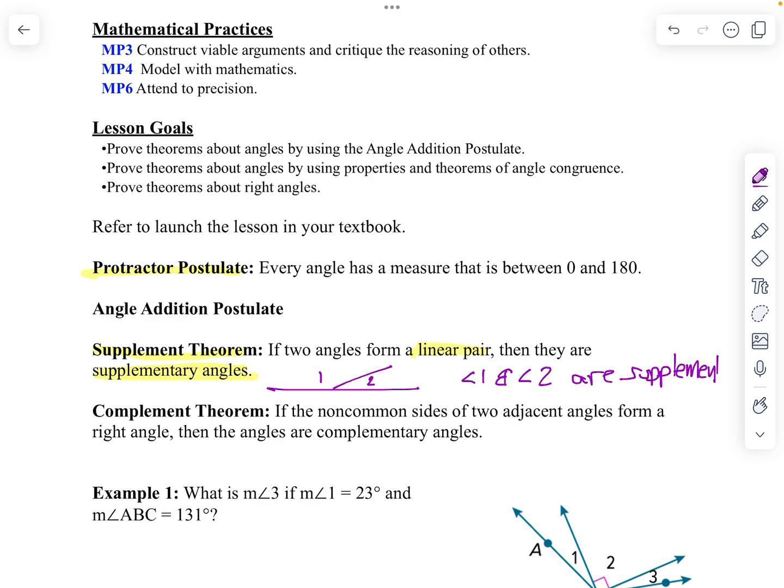That's from your supplements theorem. And if I have a right angle, and I have two angles that add up to that, I know angle 1 and angle 2 are complementary by the complements theorem.